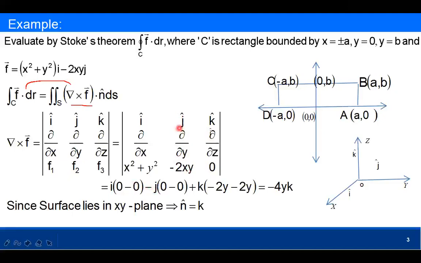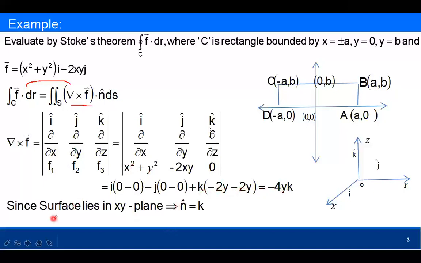Minus j into, eliminating this row and column, dou by dou x of 0, 0, minus dou by dou z of x square plus y square; with respect to z, x square and y square are constant, therefore this value is 0. Plus k into, eliminating this column and row, dou by dou x of minus 2xy, with respect to x is minus 2y, minus dou by dou y of x square plus y square; with respect to y, x square is 0 and the derivative of y square is 2y. So minus 2y minus 2y, that is minus 4y into k.